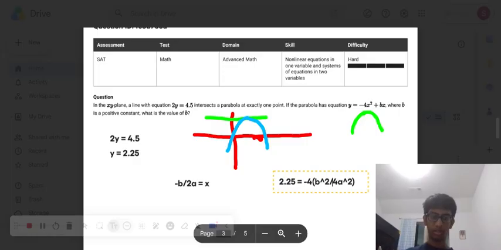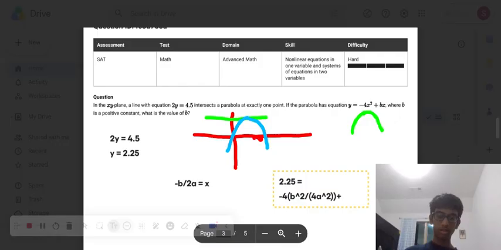I should probably put this in parentheses. Plus b times minus b over 2a, so that's minus b squared over 2a, right? And we know that a is simply negative 4, right?